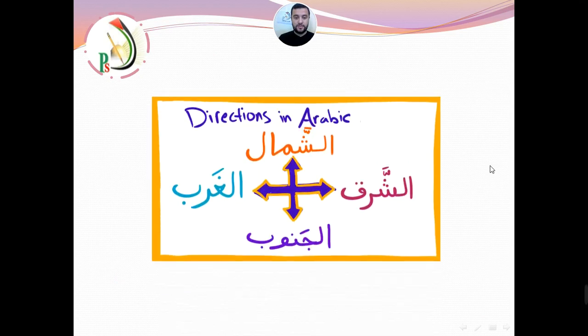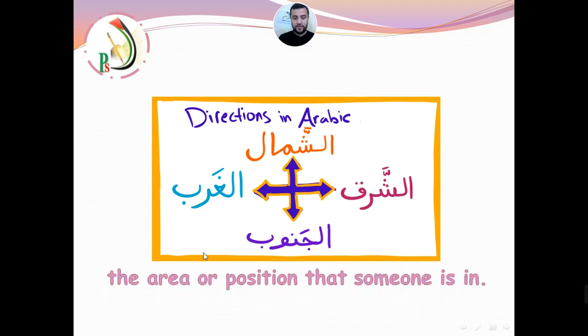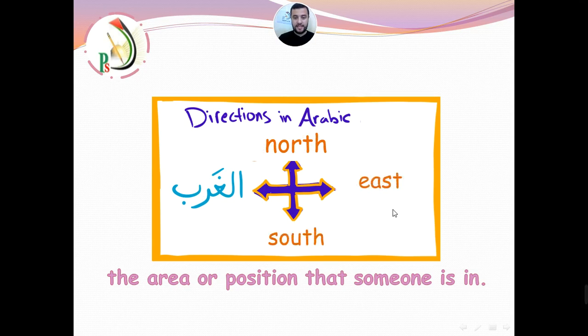The next word. What are these? What do you think? The area or position that someone is in. North, south, east, and west.